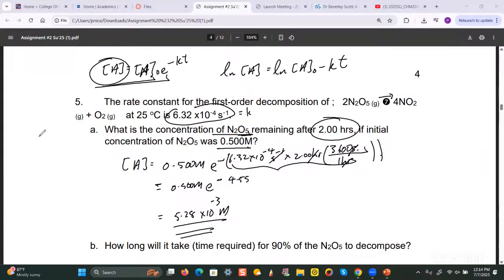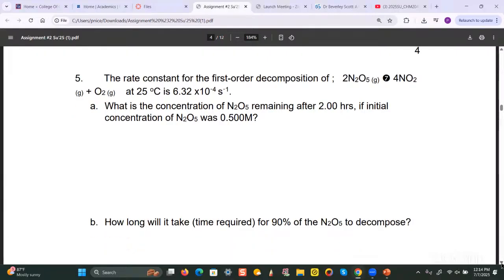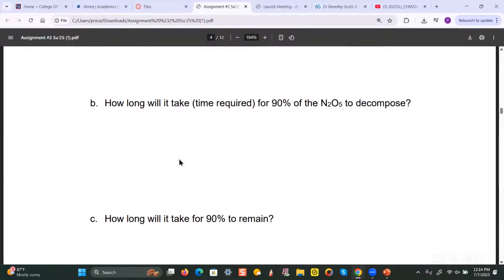All right, so let me scroll down now to B. Now B is asking, how long will it take, time required, for 90% of the N2O5 to decompose, right? Now, again, there are 2 forms of the equation that you can use. Let me just remind you of what the 2 forms are.